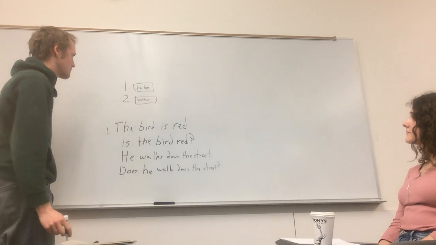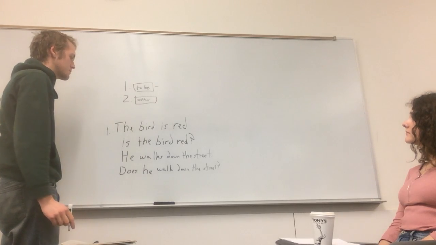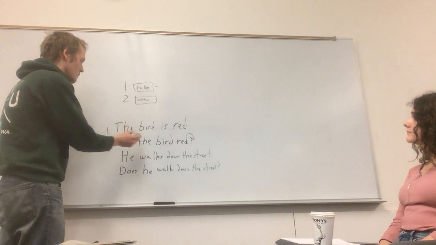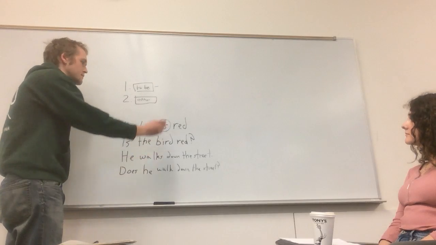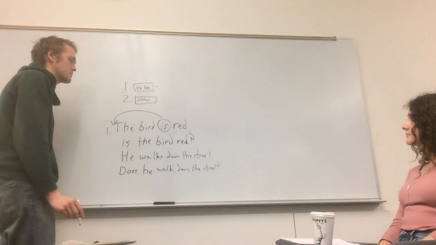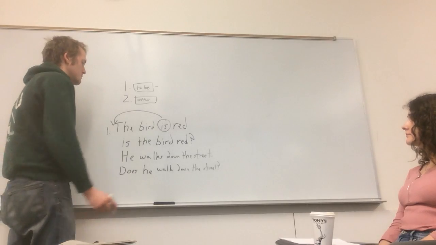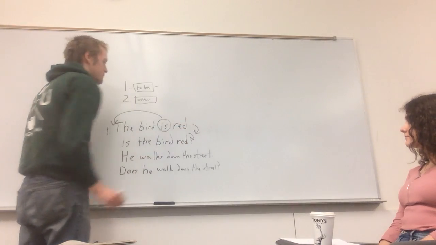So with to be verbs, what you do is you take the verb and you put it at the beginning of the sentence. Pretty simple. So the bird is red becomes, is the bird red?